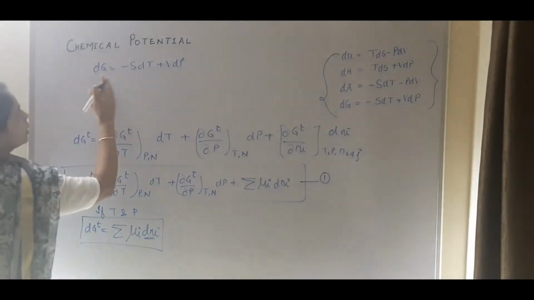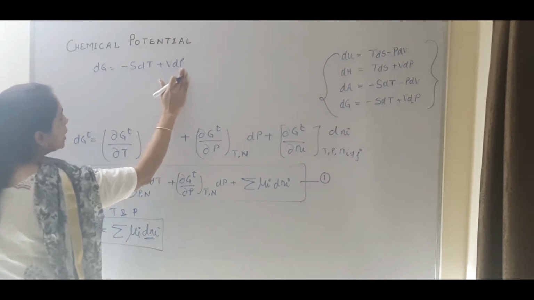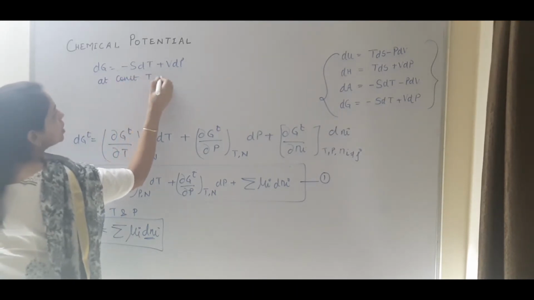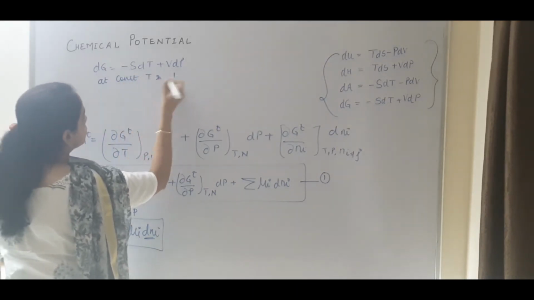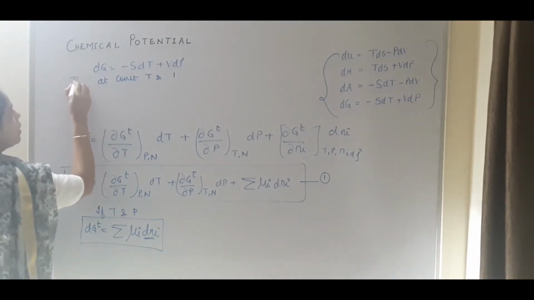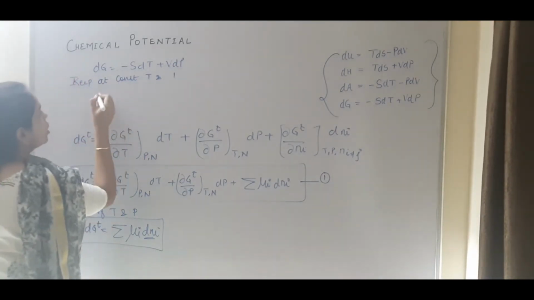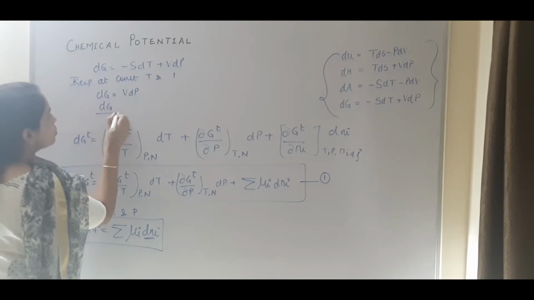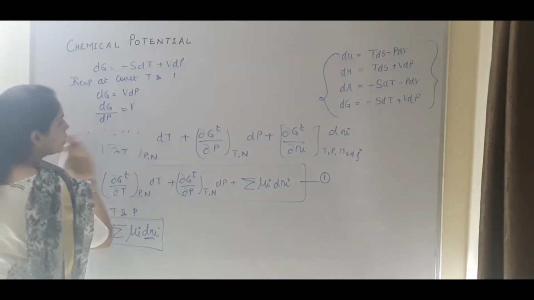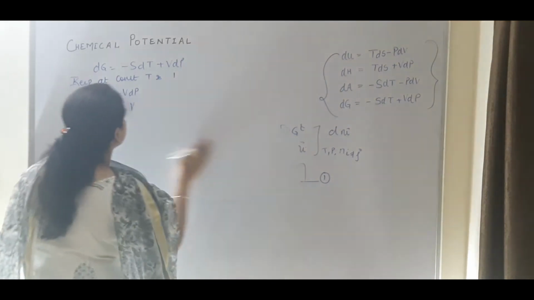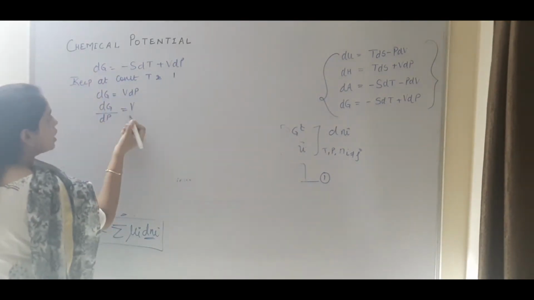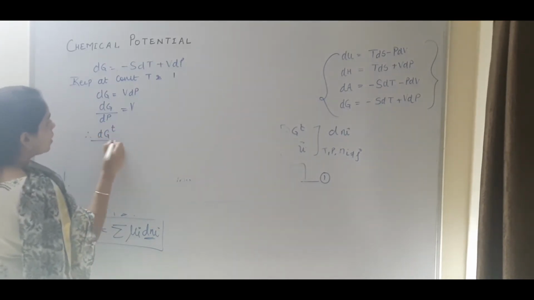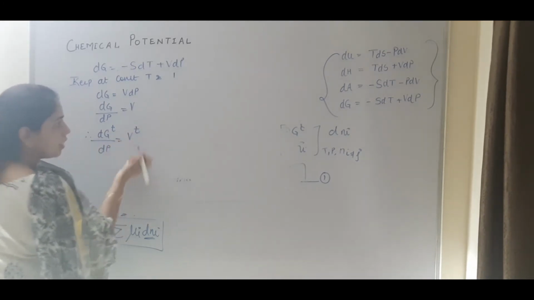So first we keep the temperature constant. Then dG equals V dP, so dG upon dP equals V. If we write this in terms of total Gibbs free energy, it becomes dGt upon dP equals Vt.